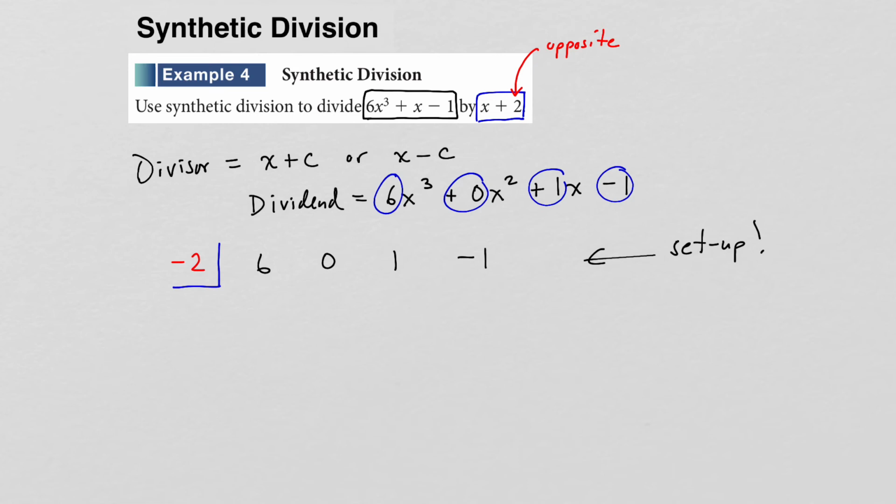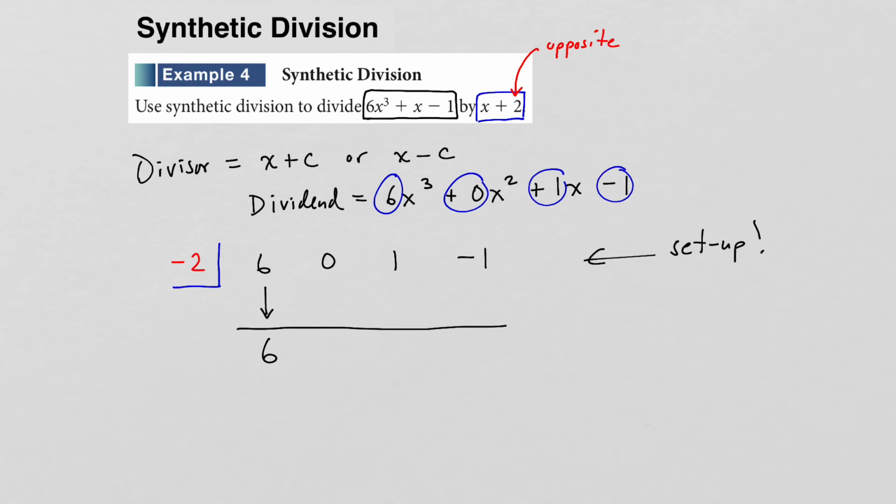Now, how does the process work? What you're going to do is you're going to take this leading coefficient of your dividend, and we're going to bring that down, and we're going to draw a line and put it below that line. Okay? So now we are ready to actually go through the synthetic division process.